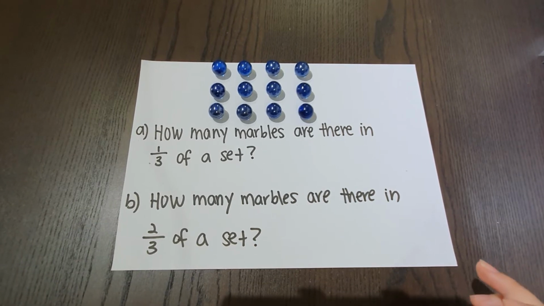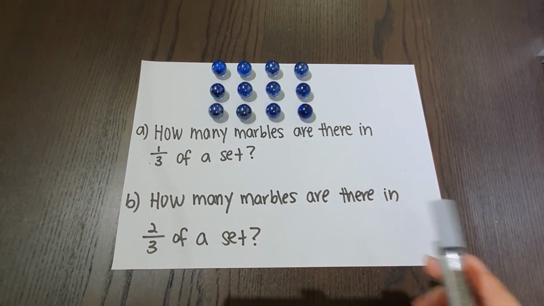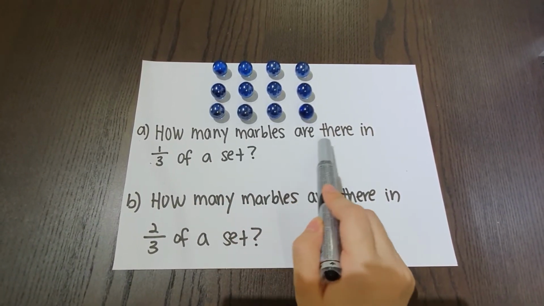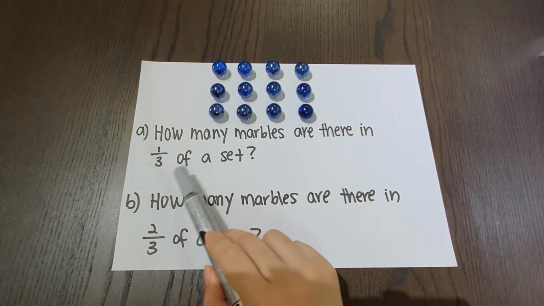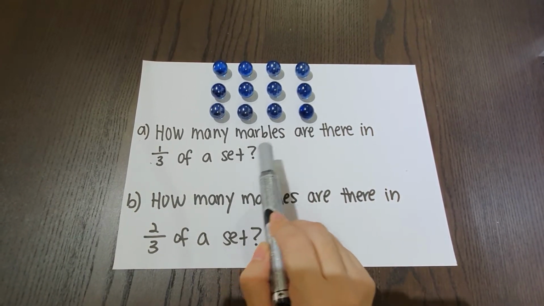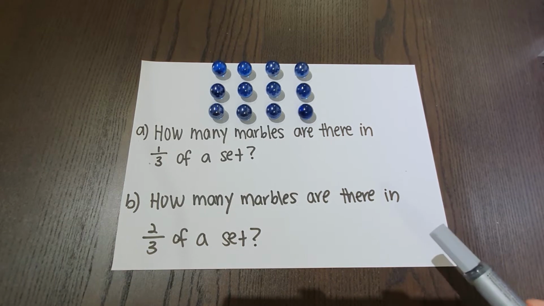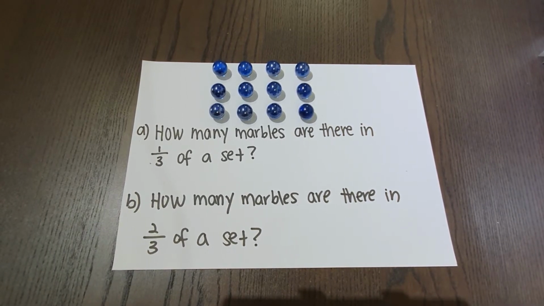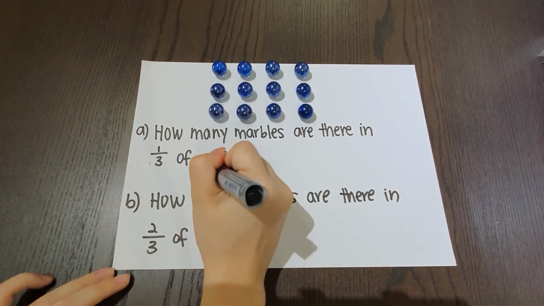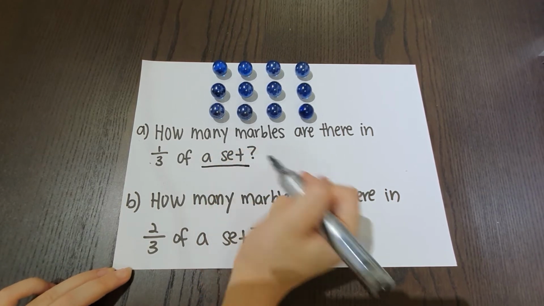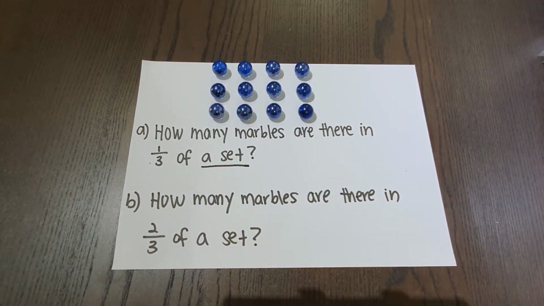Let's take a look at this question. How many marbles are there in 1/3 of a set? In this case, what do you think a set actually represents? As mentioned previously, a set represents the total number of items.